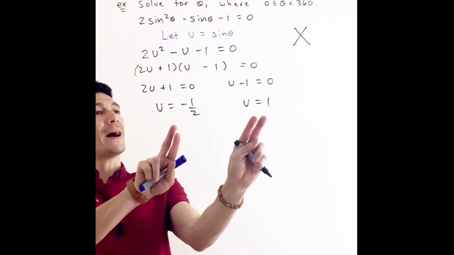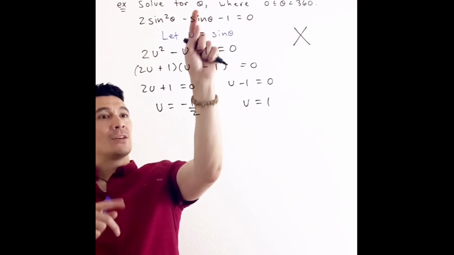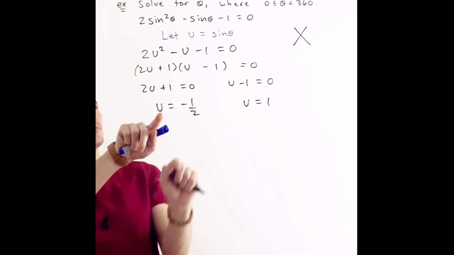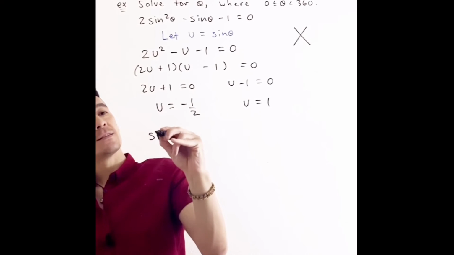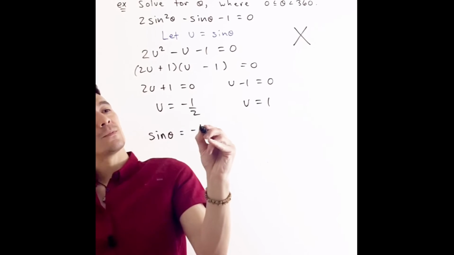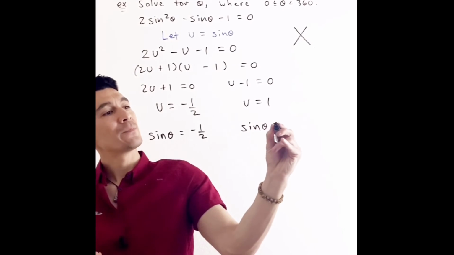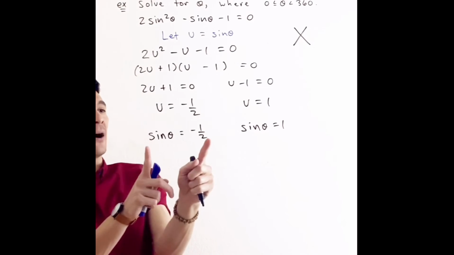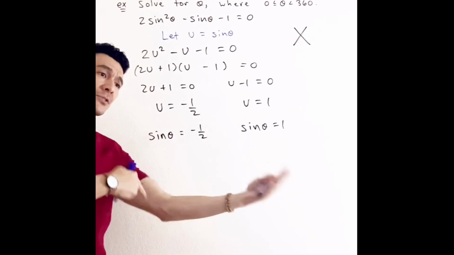So we have the values of u, but we want the values of theta. So what can replace u? Sine theta. So this becomes sine theta equals a negative half, and sine theta equals 1. Now treat these individual equations the way you treated yesterday's equations.